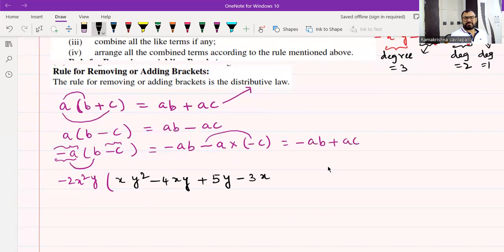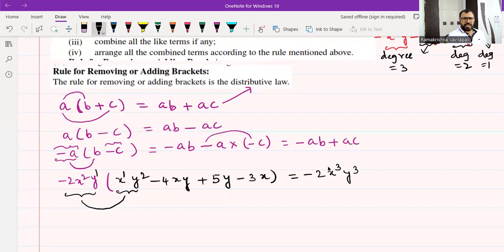Let us take this. How do we do it? Very simple. You multiply this term by each term inside the bracket. So you have to multiply these two, which means minus 2, okay. Here x power 1 into x square is x cube. And y power 1 into y square is y cube.